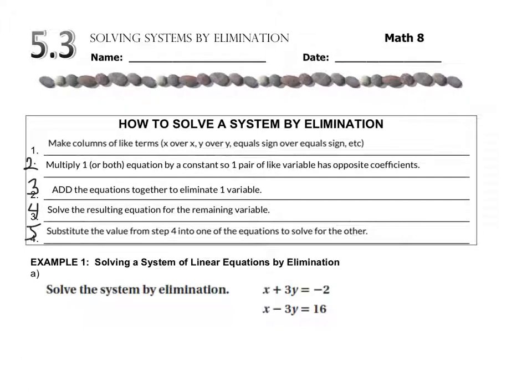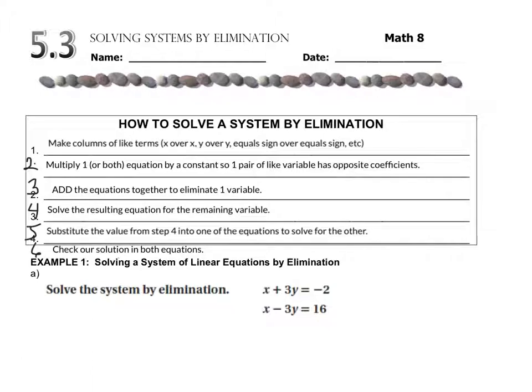So if we solve for y, we get that answer and we plug it back into one of the original equations to solve for the x. And lastly, step six, remember to check our solution in both equations to make sure that solution works in both. It can't just work in one, it does have to work in both.